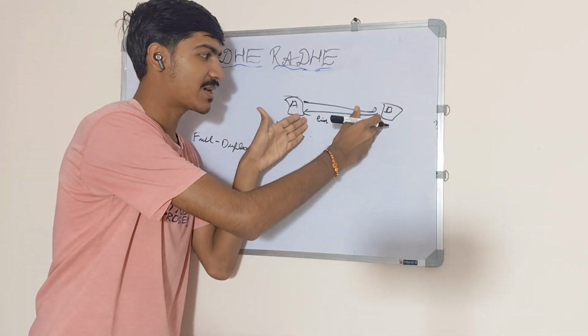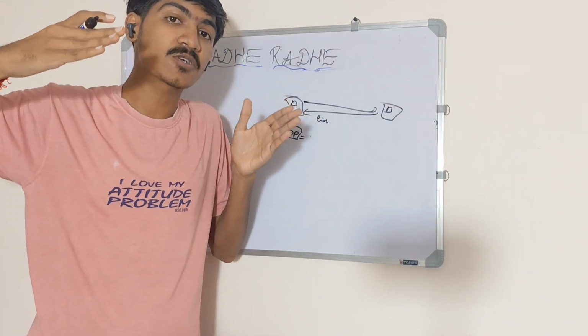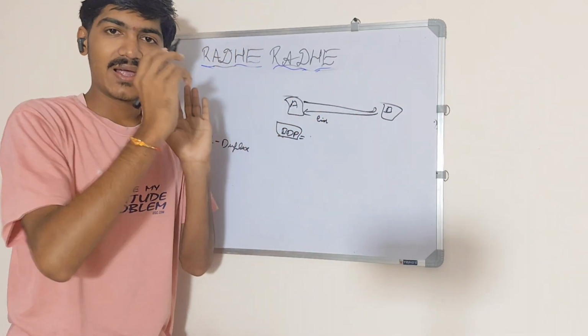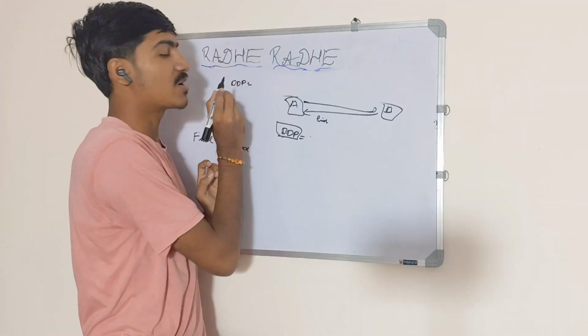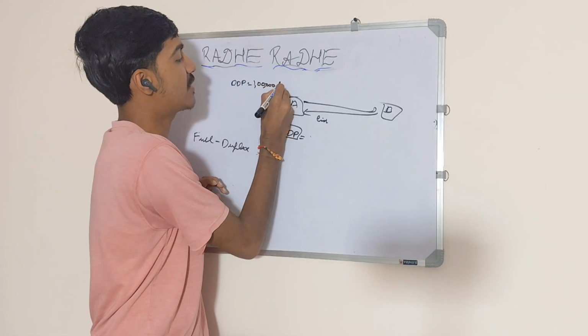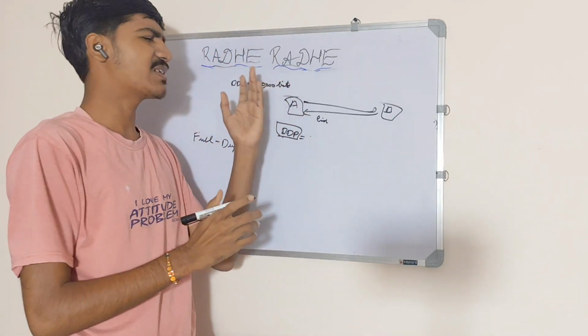This link can hold how much data at a particular time? What is the maximum amount of data it can hold? How many bits can it hold? Let's not apply a formula, just common sense. Let's suppose the BDP is 1 lakh bits. If you use a calculator, you'll get the exact value, but let's suppose 1 lakh bits.